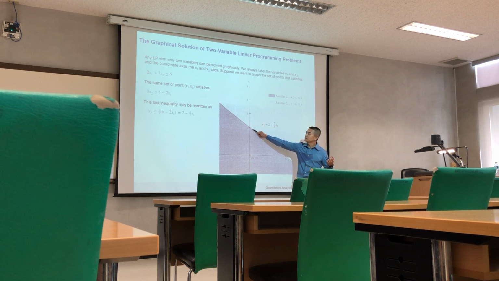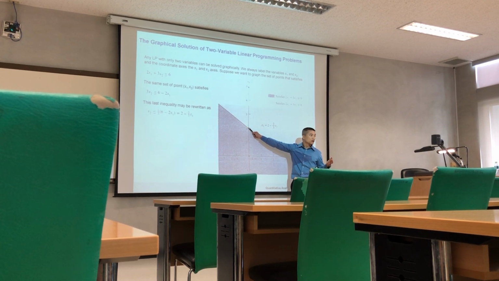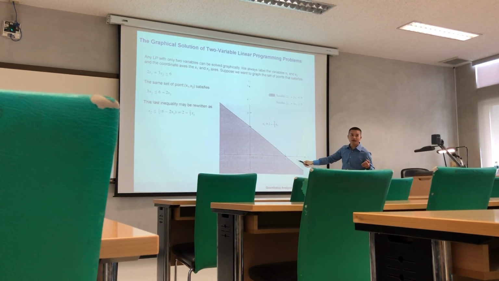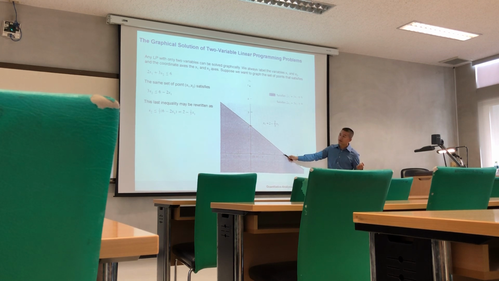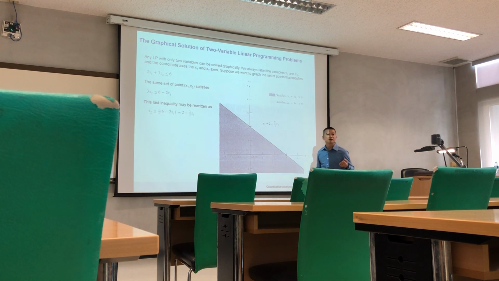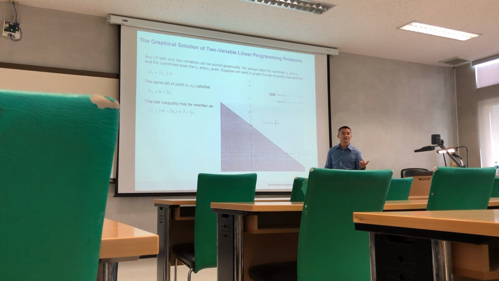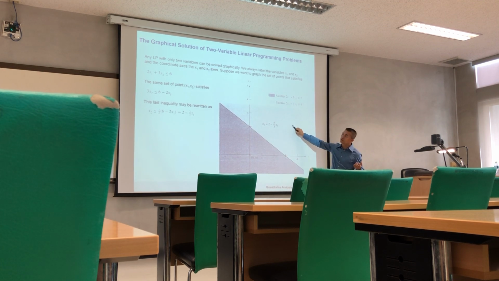What about this point? 6. That's what I mean. This line gives you 2x1 plus 3x2 equal to 6. And a point beyond this line, above this line, would give you 2x1 plus 3x2 greater than 6.